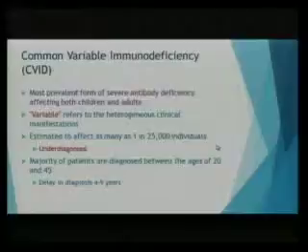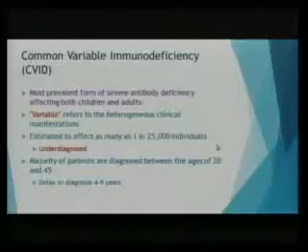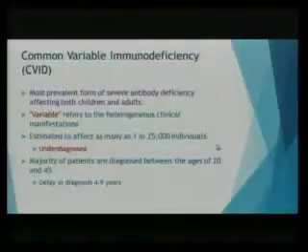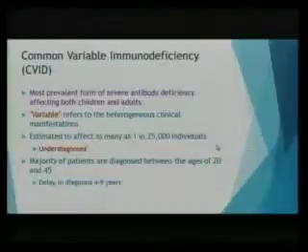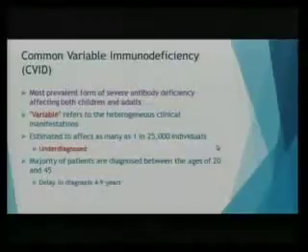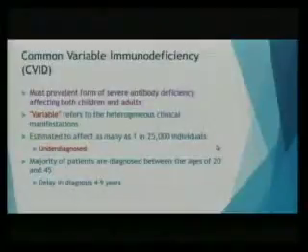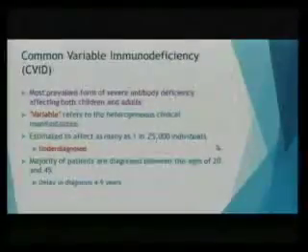And a lot of these patients, unfortunately, go underdiagnosed, but it's estimated to be actually 1 in 25,000 individuals. And typically, they don't get diagnosed until early adulthood, so there's actually a delay in diagnosis. One, because sometimes they can have milder phenotypes and just go undiagnosed.